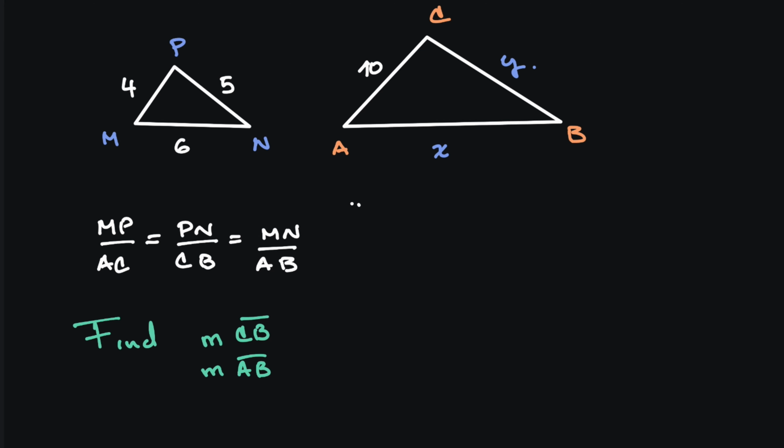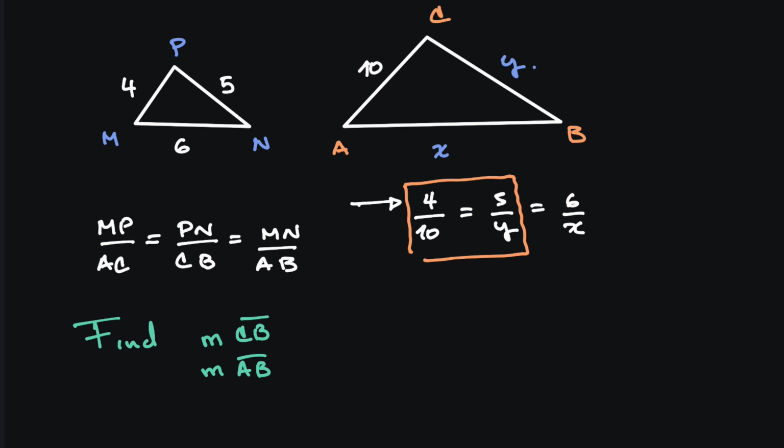We can substitute in this proportion: MP is 4, so 4 is to AC, which is 10, equal to PN, which is 5, over CB, which is Y, equal to MN, which is 6, compared to AB, which is X. To find the value of Y, we can group this proportion and solve it.